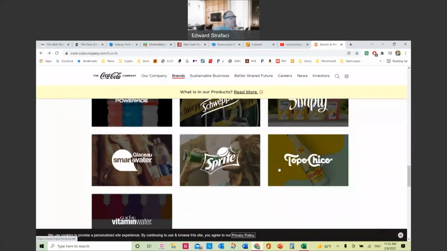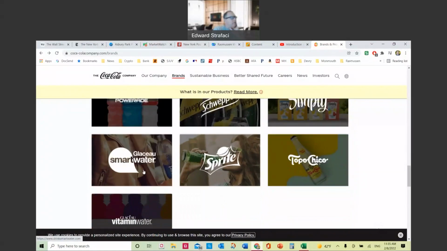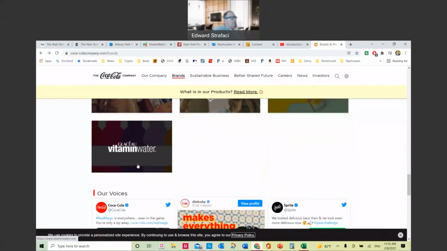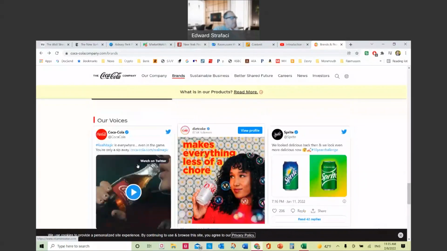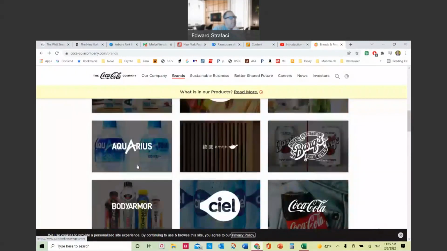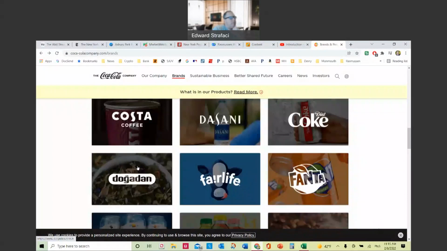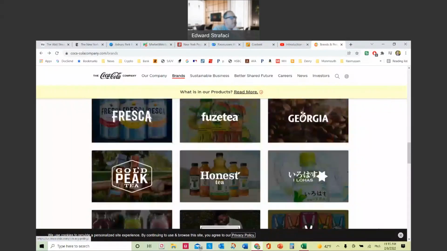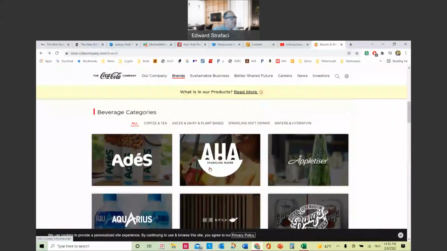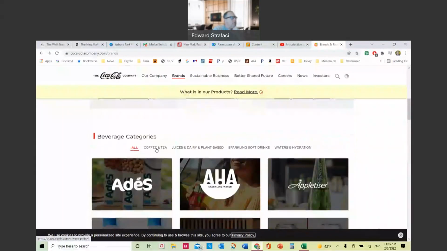This is, I guess, more for Latinos, Topo Chico. Glaceau, Smart Water, and Vitamin Water. So really, big stuff here. That's interesting. The one I didn't know was Honest Tea. I see this all the time, and I did not know Schweppes. It's Coca-Cola. And that's all of them.